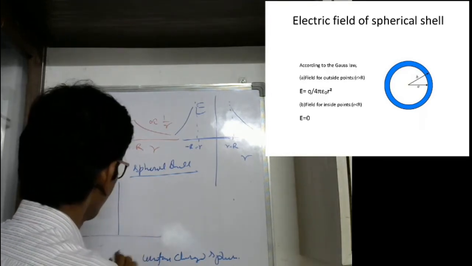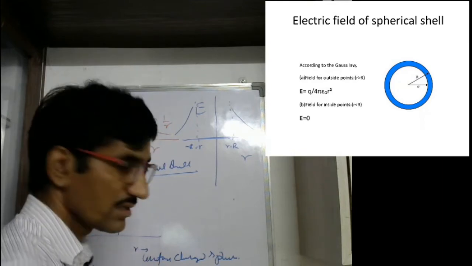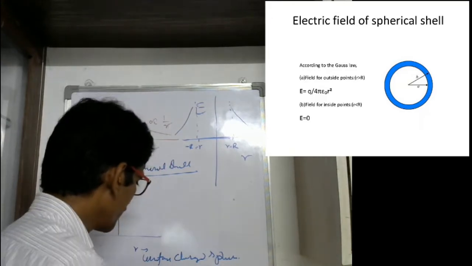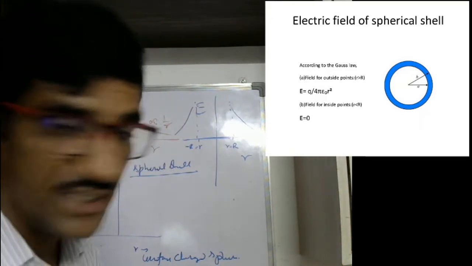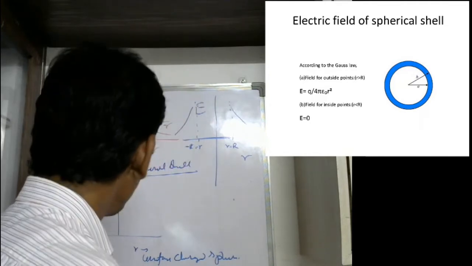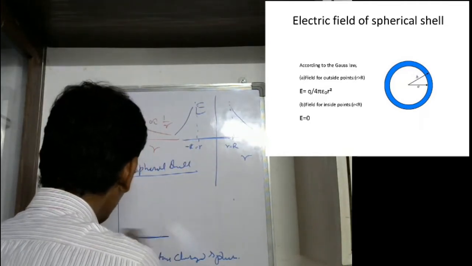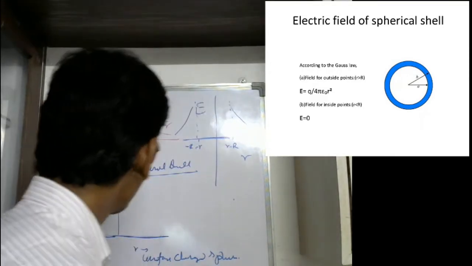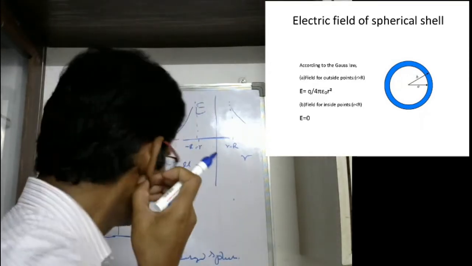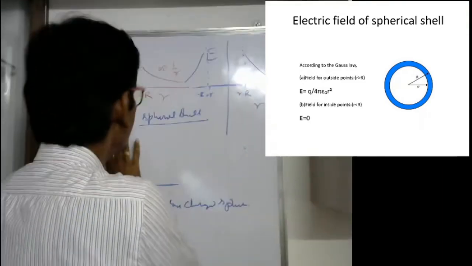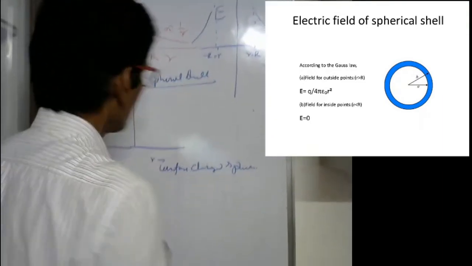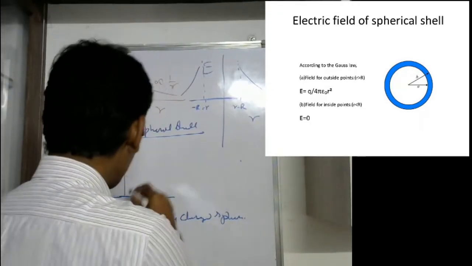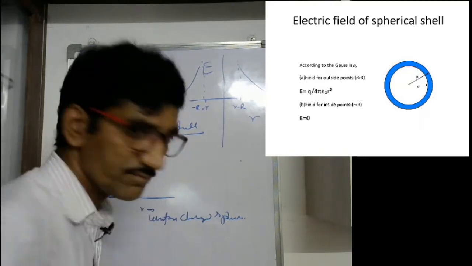Here this is the R axis, this is the phi axis. In the field versus distance graph, what happened up to the center?